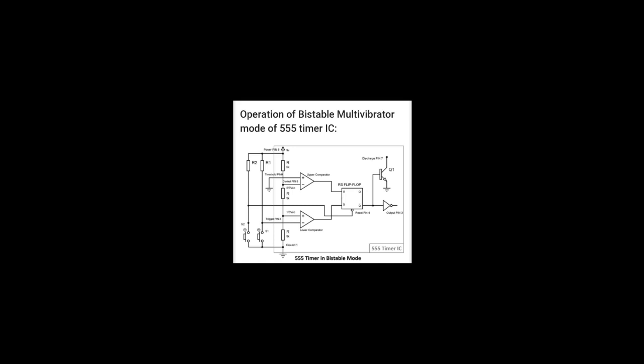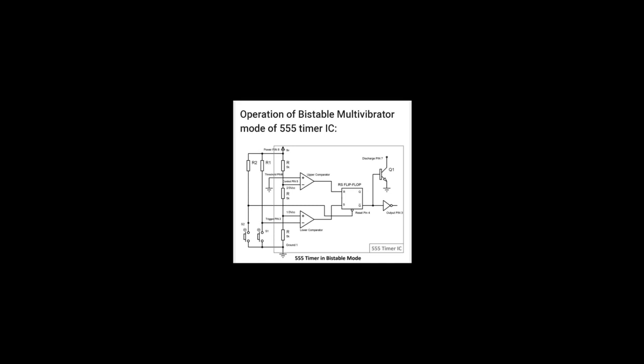Now when switch S2 is pressed, it makes the reset pin low and resets the internal flip-flop, and output goes low. So external trigger sets the flip-flop and output goes high, and reset signal resets the flip-flop and output goes low, that is 0.